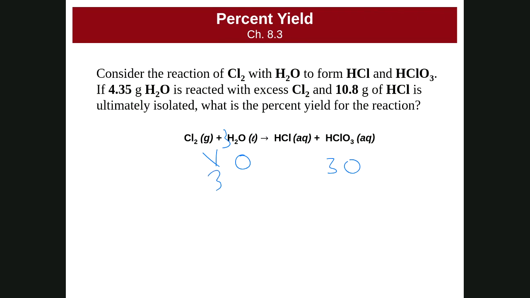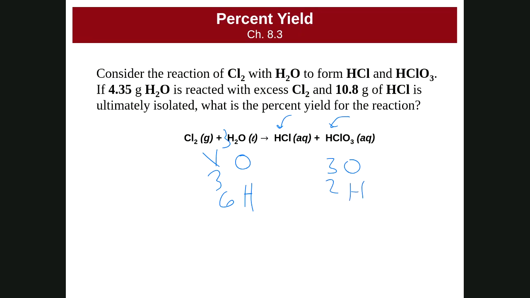All right, it doesn't matter which one you pick next. I'm going to go with hydrogen. We have 3 water molecules, which means we have 6 hydrogen atoms on the left. And on the right, we have 1 hydrogen atom in the hydrogen chlorate and 1 in our hydrochloric acid, so we only have 2 hydrogens on the right.